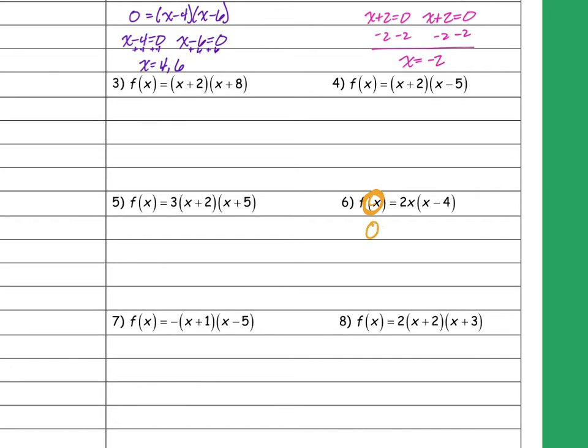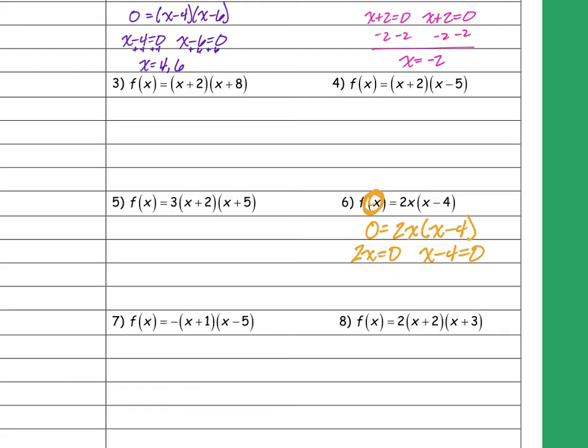So I'm going to rewrite this as 0 equals 2x times x minus 4. And because it's still 2 things multiplied together that equals 0, that means one of those things has to be 0, right? So either 2x has to equal 0 or x minus 4 has to equal 0.